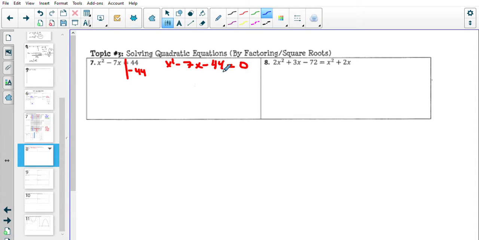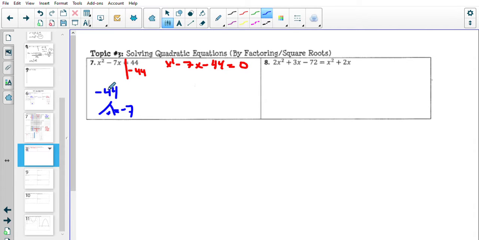From there, we can actually go through and factor it, and this is a trinomial with the leading coefficient of 1. So we look for the two numbers that multiply to give us a negative 44 that add to give us a negative 7. If they multiply to a negative and add to a negative, that tells us that one number has to be negative, the other has to be positive.